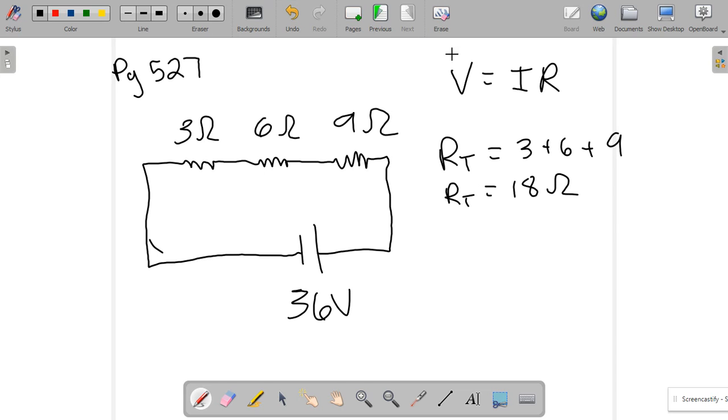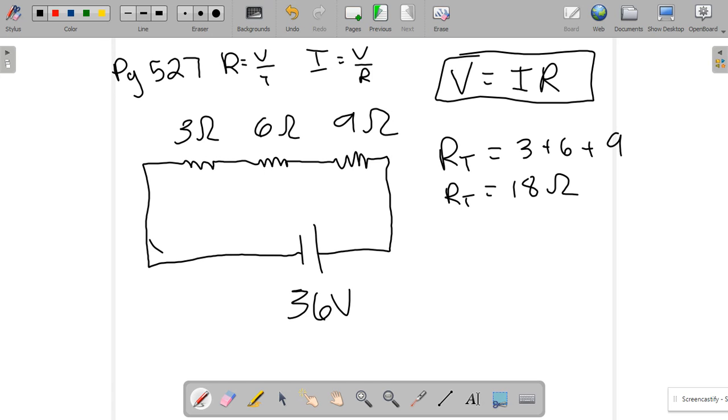Now, here's Ohm's law. It can be rearranged a few different ways. We've got I is equal to V over R, and R is equal to V over I. Now, with any one of these 3 formulas, you can add in subscripts.